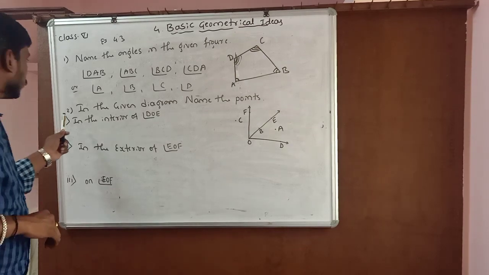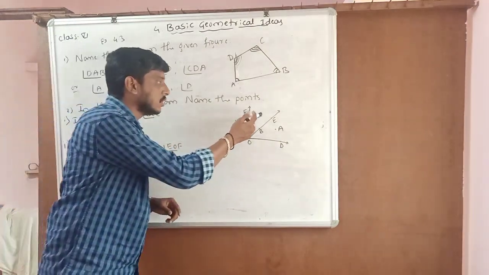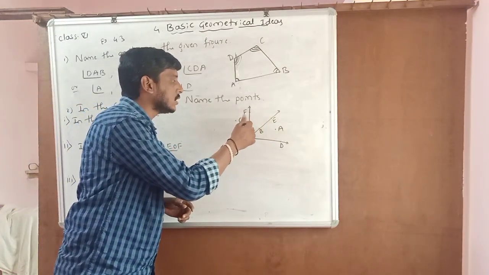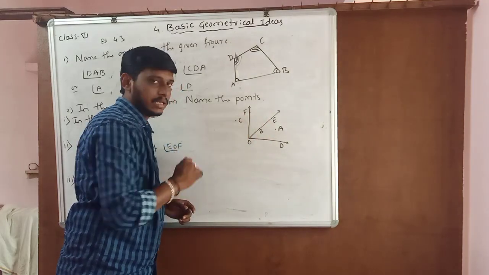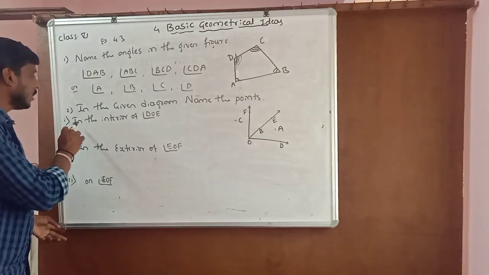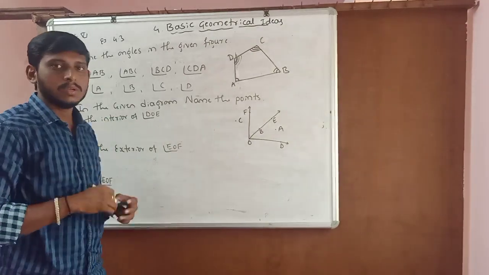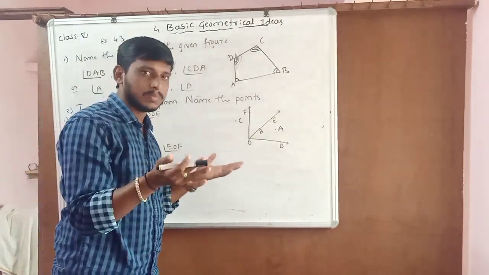Okay, students, the next question is: in the given diagram, name the points. See here, this is the diagram, and some points are given on the line, and between the angles like A and C. So what are the conditions they gave? In the interior of DOE means, we know what interior means. Interior means inside, exterior means outside of the angle.